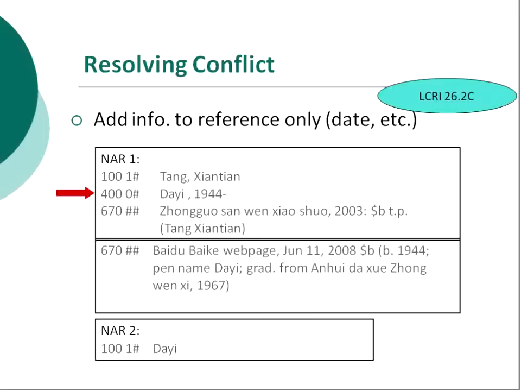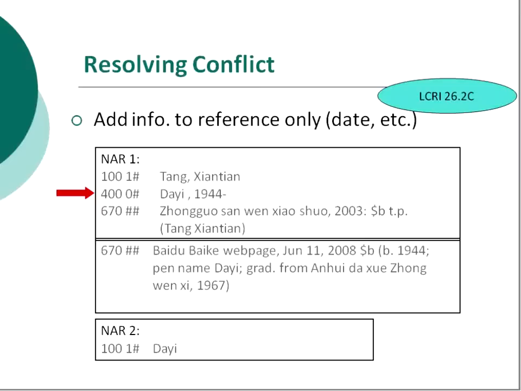We have the name authority number 2 that's in conflict with the reference field in the name authority number 1. And an internet search result, which is showing in the second 670 field here, has the author's birth date information available.